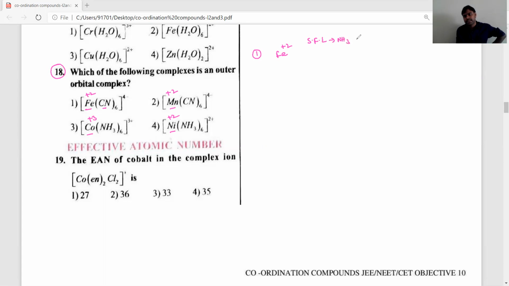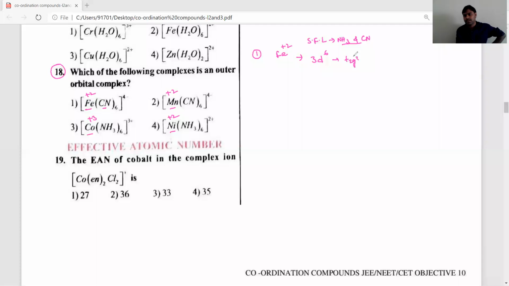NH3 and CN both are strong field ligands. In that case, iron 3+ means what, dear students? Iron 3+ means 3d6, which means it is completely paired.